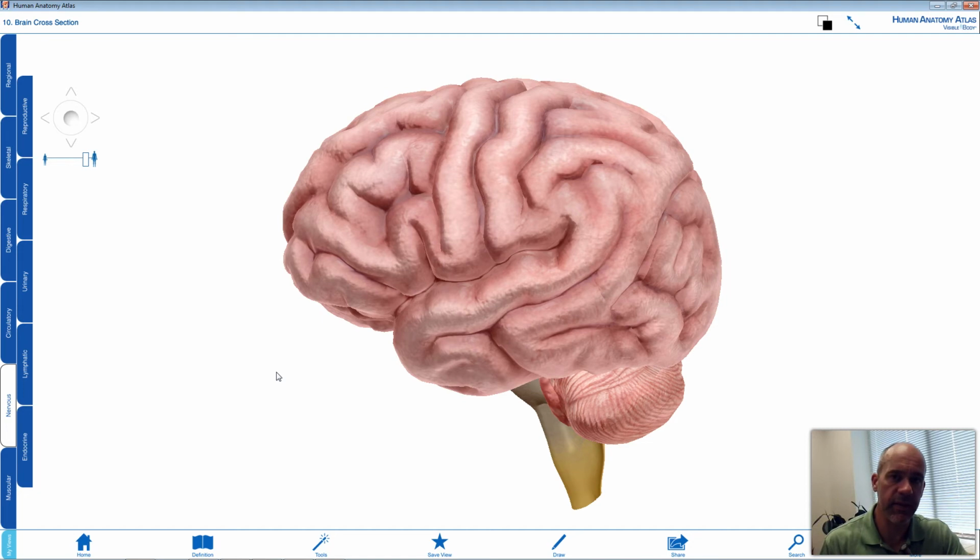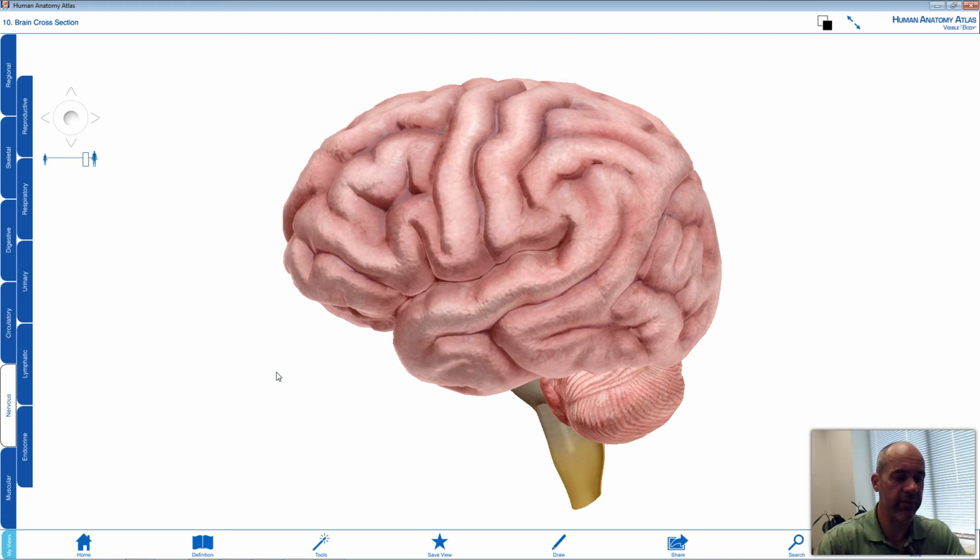Your nervous system is divided up into, if you're watching the physiology lectures, you already know, the central nervous system, which consists of the brain and the spinal cord. And then you have your peripheral nervous system, which consists of your spinal nerves and your cranial nerves. The cranial nerves branch off of the brain and the brain stem.